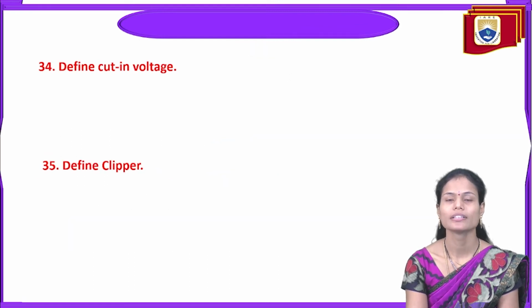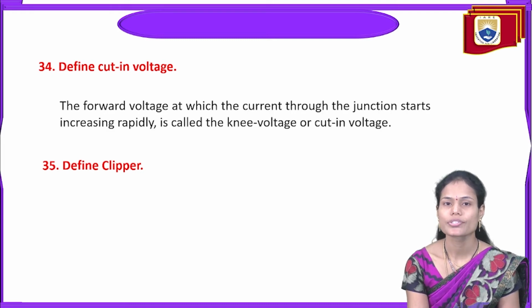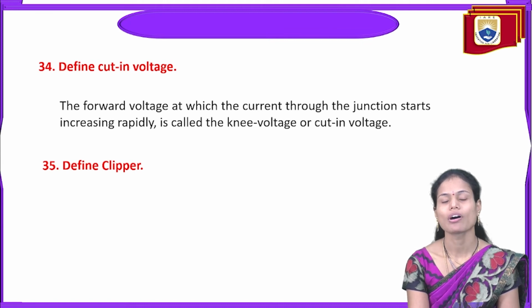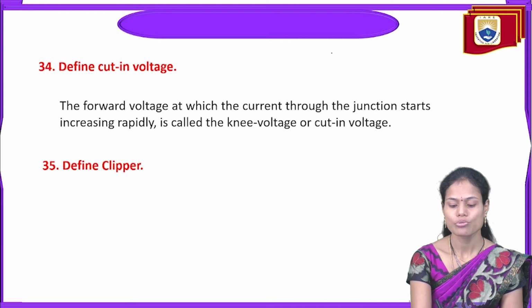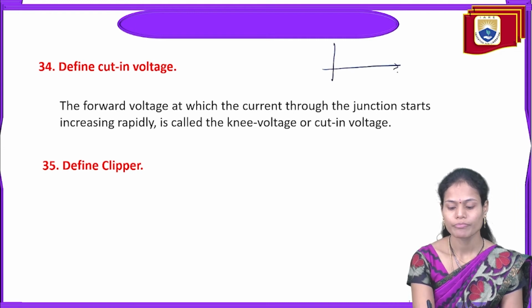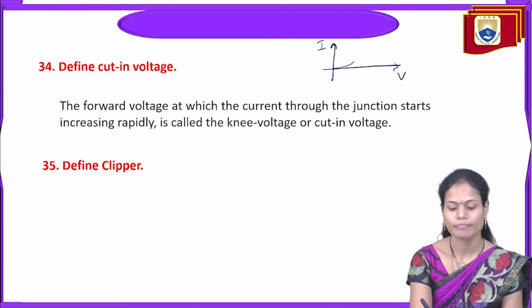And next, define cut-in voltage. The cut-in voltage can also be called the knee voltage. It indicates the forward voltage at which the current through the junction starts increasing rapidly. For example, if we see the voltage versus current characteristics of the diode, it is a curve like this.